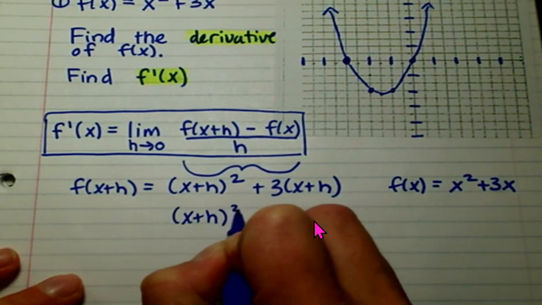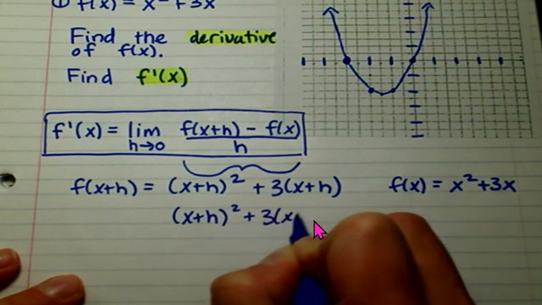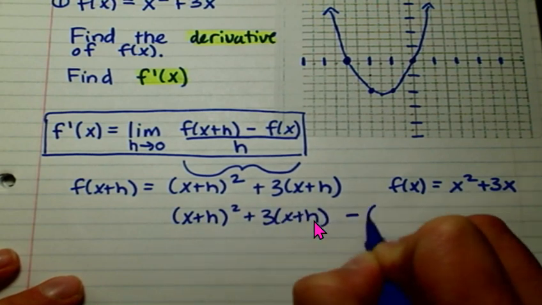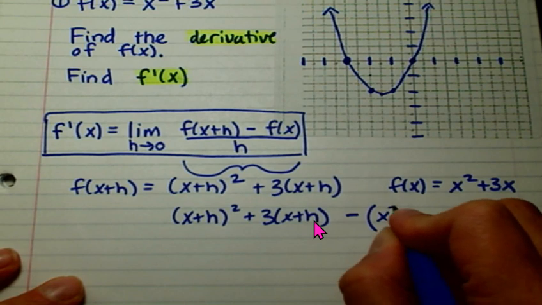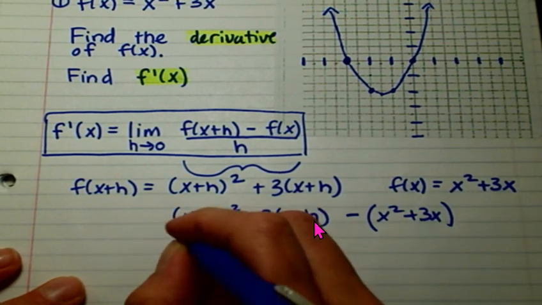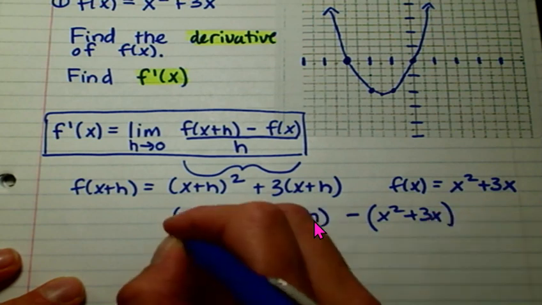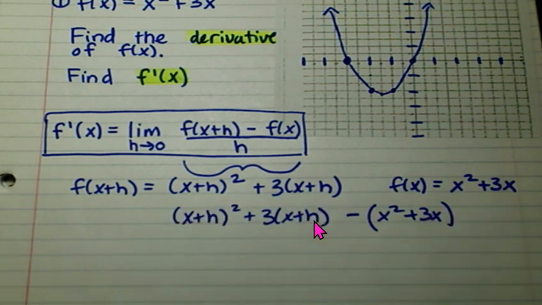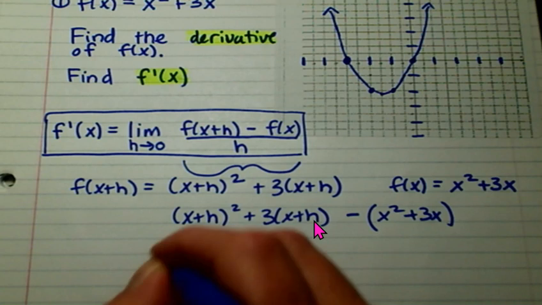(x plus h) squared plus 3xh minus, all over h. Okay, well, I think I'm going to work on my multiplying and combining like terms before I put that divide by h in there.